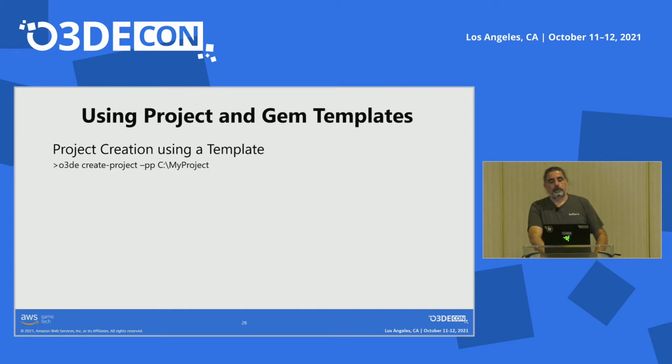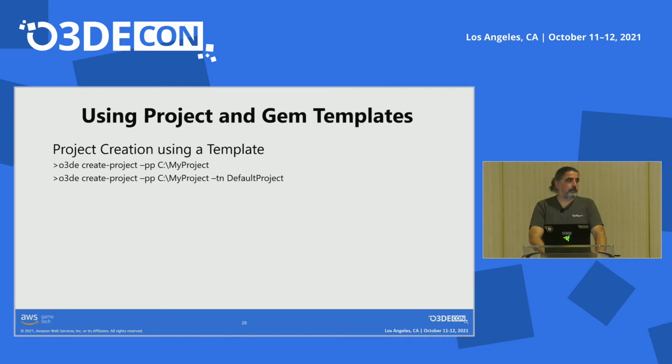All right, so using project and gem templates would look like this. So we have O3D create project, just as we saw before, with a project path as C:/MyProject. This will use the default template because I didn't specify one. This line, create project, project path, my project, and I'm going to give it a template name now of default project.